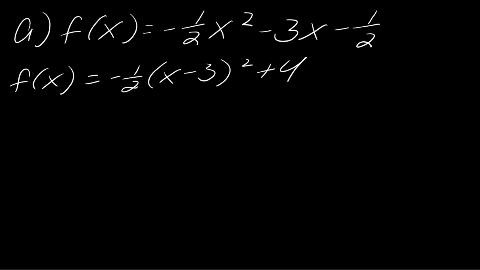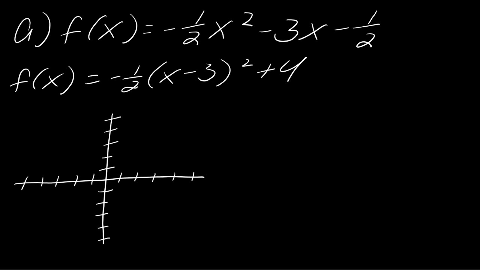All right, so to graph, which form is better to use? Well, I think this is the better form for graphing a parabola. So, let me just get my graph set up. Okay, there we go. I have my vertex at (3, 4), right here.